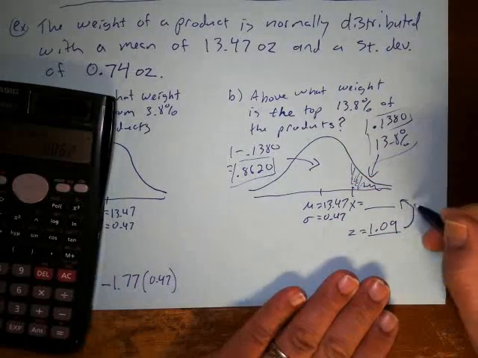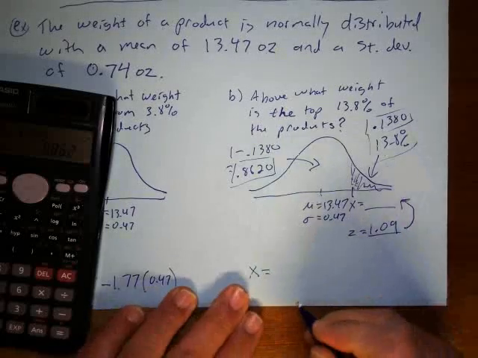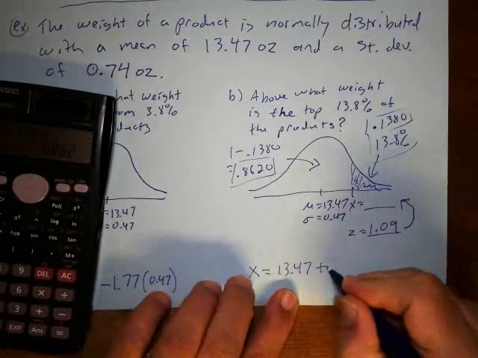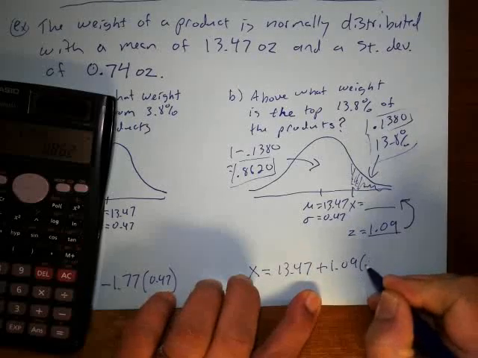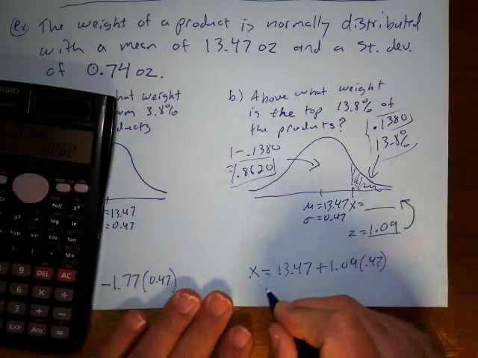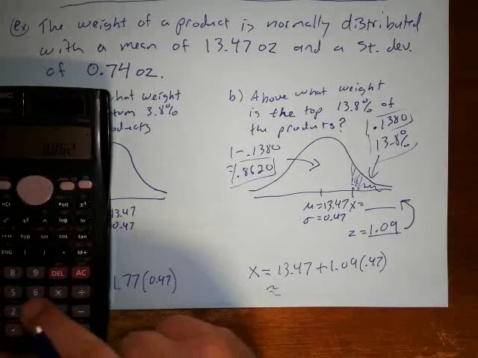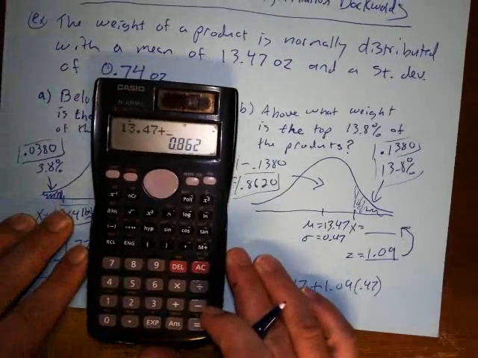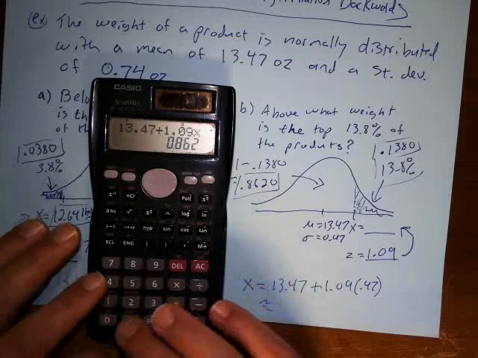Now once I have that, I've got to convert the z-score back into the actual weight of the product. So 13.47. In this case, that's a positive z-score, so I'm going to add the z-score times the standard deviation. And that's going to give me 13.47 plus 1.09 times 0.47.